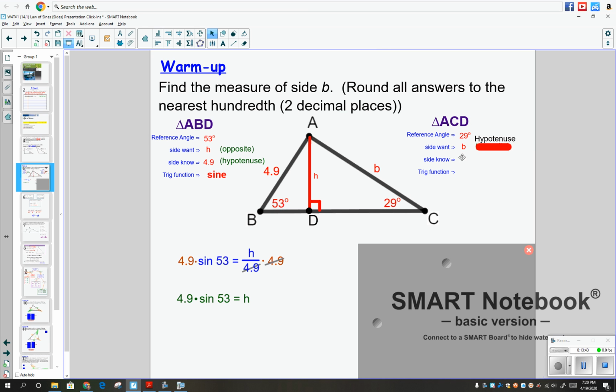The side that I know the measure of is 4.9 times sine of 53, which is H, because remember, H equals that. And which side is that? It's the opposite side.